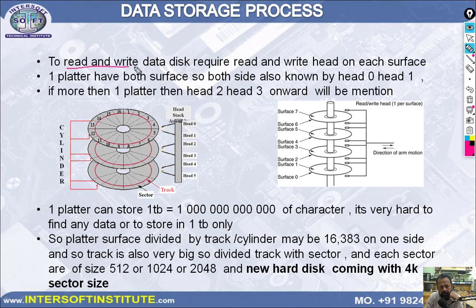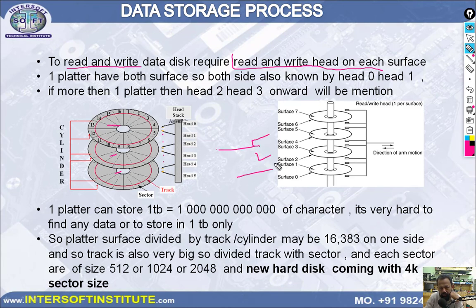To read and write data, the disk requires a read and write head on each surface. There are different platters: 1 platter, 2 platters and 3 platters. So 1 head is required here, 1 head here, 1 head here, like that. If 1 platter, then only 2 heads are required.